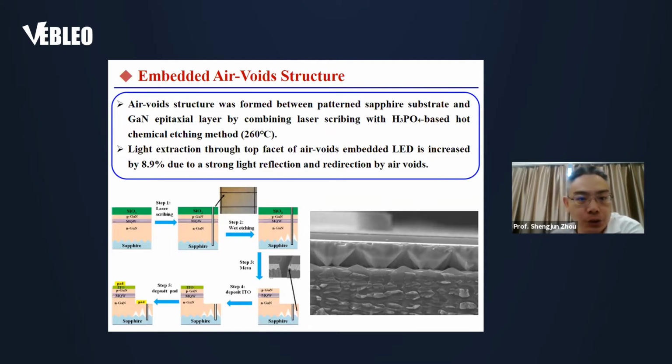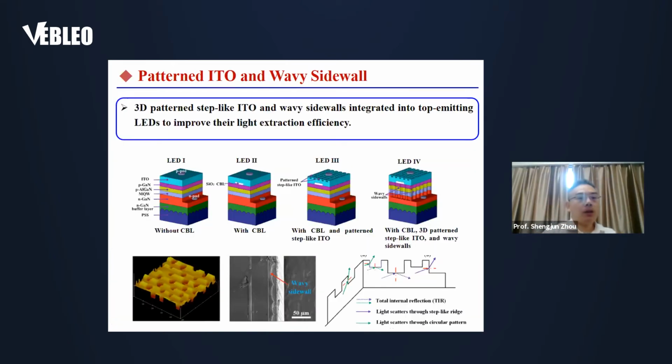Light extraction through top facet of void-embedded LED is increased by 8.9% due to a strong light reflection and redirection by voids. 3D patterned step-like ITO with sidewalls was integrated into top-emitting LED to improve their light extraction efficiency.